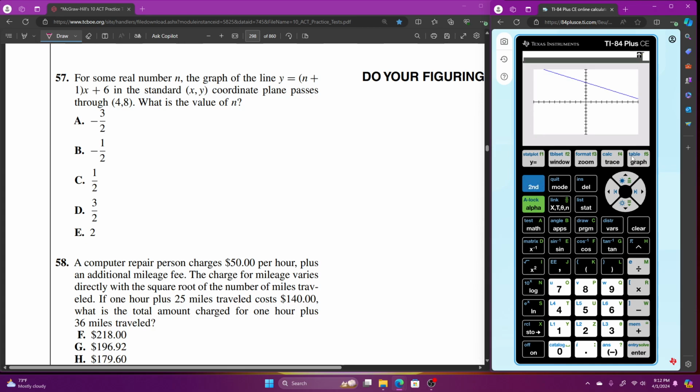Graph, look at the table. When x is 4, is y 8? Not it.